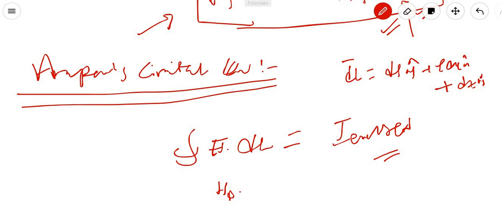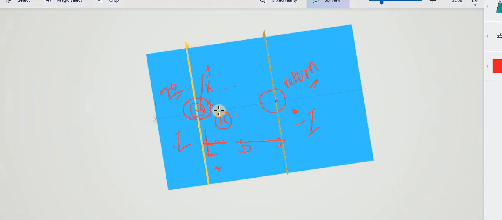Clear? Now, as we know, only the phi component is present for this infinitely long conductor. If you apply the thumb rule, you see that only the phi component is present along this direction.